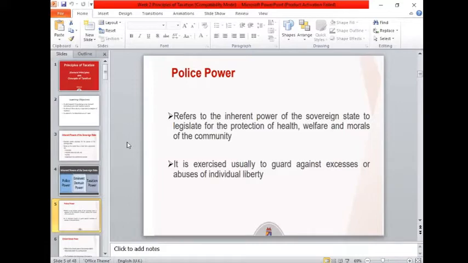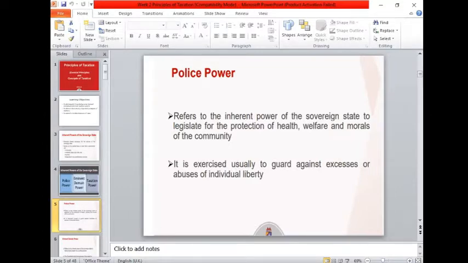Please take note that the police power is exercised by the government to guard the community against the excess or abuses of individual liberty. All of us, as members of the community, have freedom of expression.